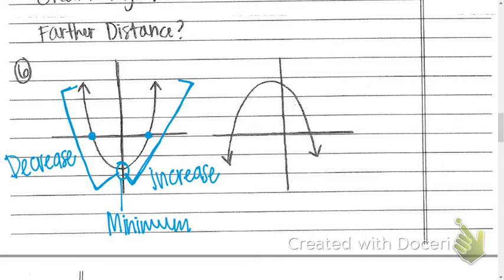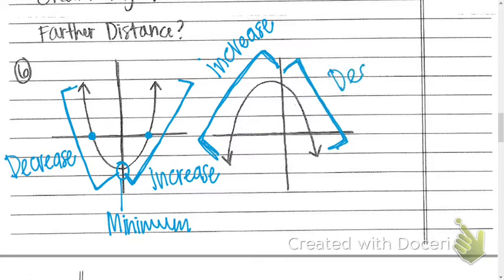Now on the other graph, from here to about here, it's doing what? It's increasing. And where I stopped and go down, that is considered a decrease.